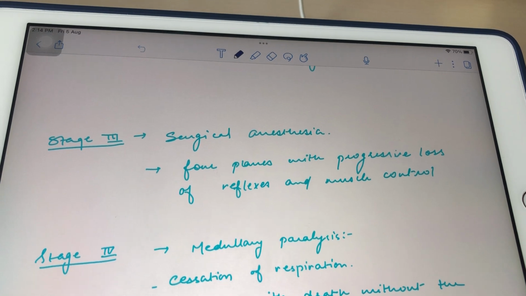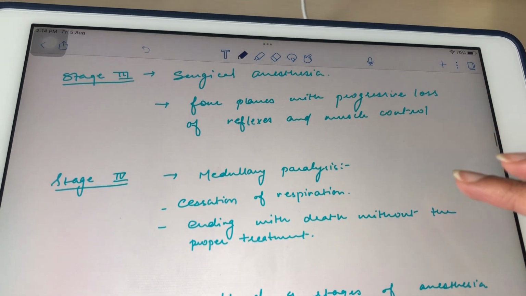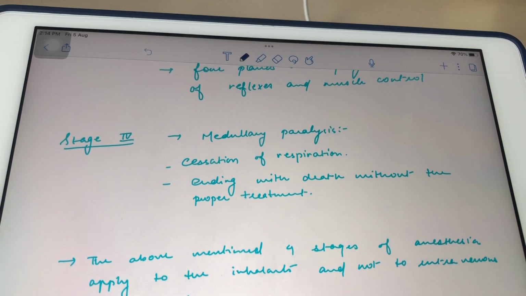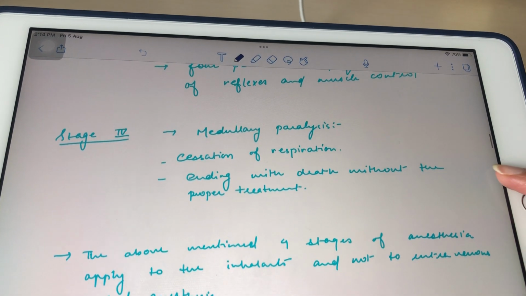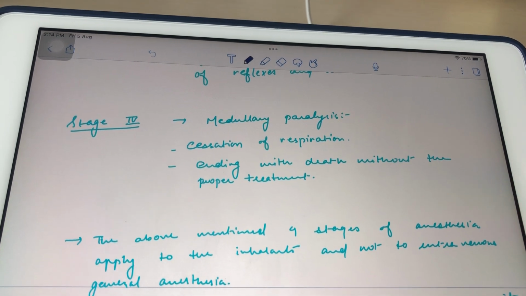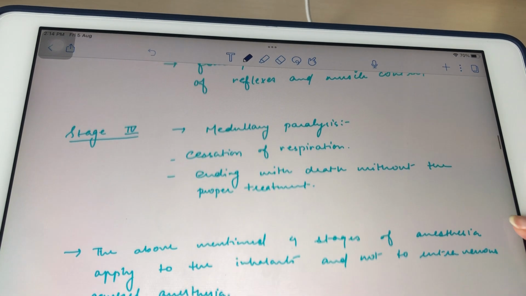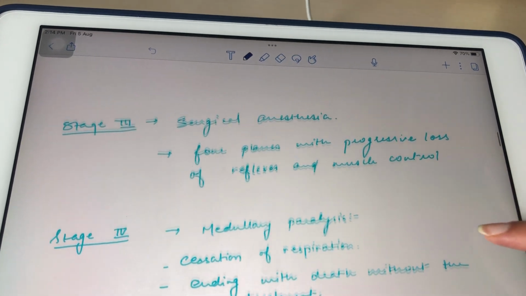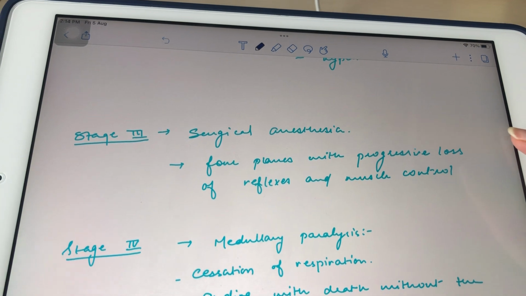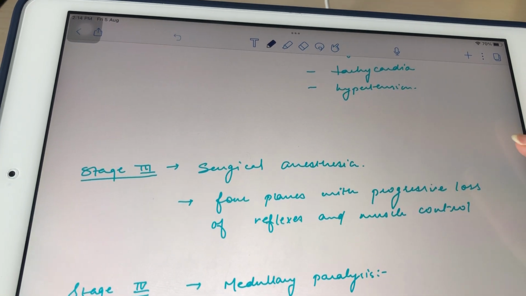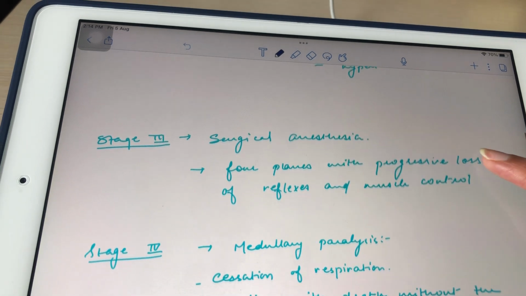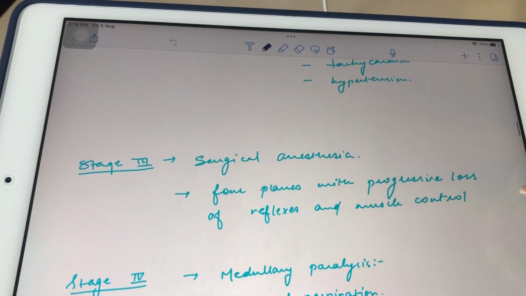Now the fourth stage is the stage which is not desired. This is the medullary paralysis, cessation of respiration, ending with death without proper treatment. So during the surgery, it is very important to look out for the signs that the patient should not be shifted to stage 4 but should be maintained on stage 3.